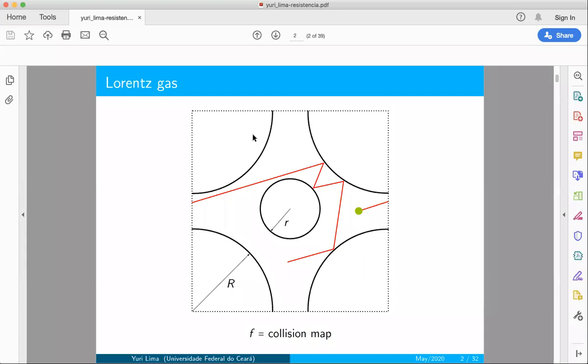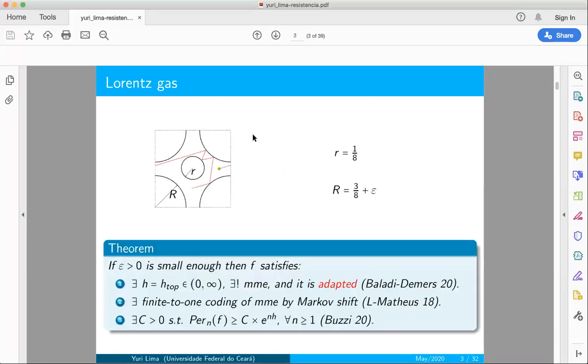To provide the application of the results, I'm actually going to focus on a specific situation of this map in which the small radius is 1/8, and the big radius is 3/8 plus some very small epsilon. The results regarding the dynamical point of view of this map are given by this theorem in this slide. Let us consider for a moment that epsilon is very small.